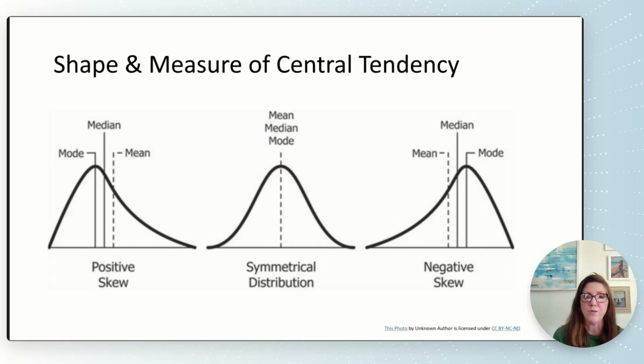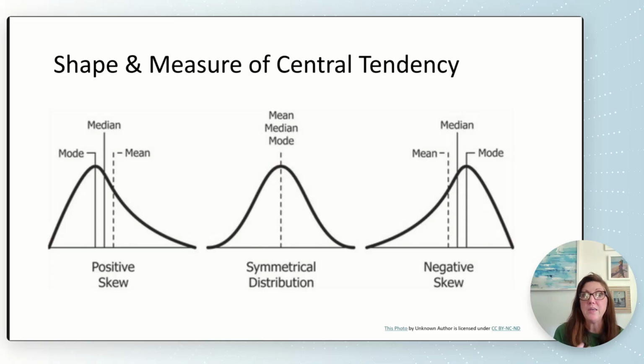So the point here that we're trying to make is that the median is more appropriate when we have skewed data because it is not sensitive to outliers. We don't compute it. It actually is the center value of the data where 50% of the scores are below and 50% of the scores are above the median.